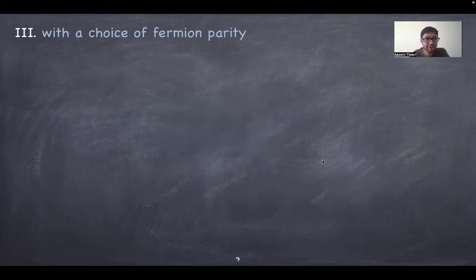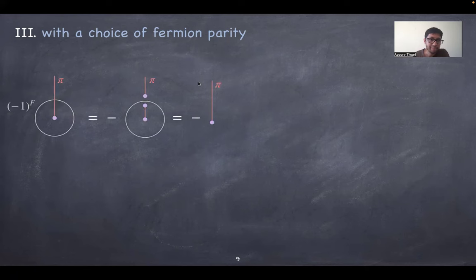And the third layer of structure is a choice of fermion parity. This is self-explanatory. Essentially, one has to choose some object in the category that implements the grading. So if you link this line with a morphism, then you pick up a sign, which is the grading of the morphism.